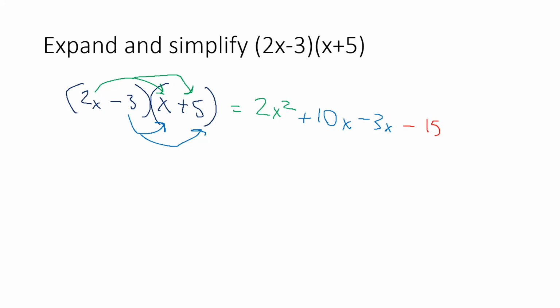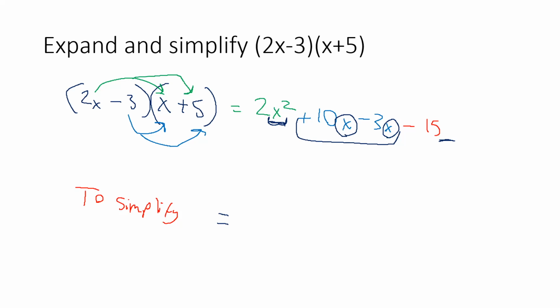So now, to simplify, all we're going to do is collect the like terms, right? This is the only x squared term that we have. Everything else is not x squared. This is the only non-x term, right? However, in the middle here, we have an x term and an x term, which means that we can carry out this sum. So I'll just leave these numbers as is.